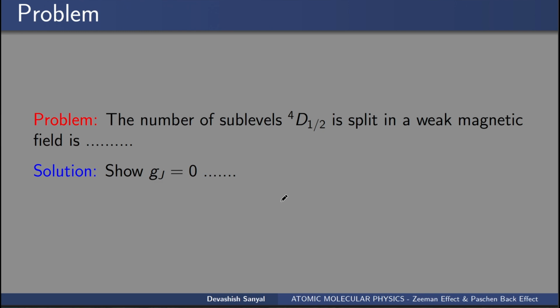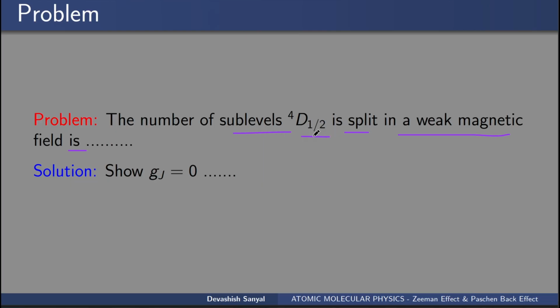So the number of sublevels, and this is the next problem: the number of sublevels for D half. So this is all spectroscopic notation. The number of sublevels this thing is split into in a weak magnetic field is how much?